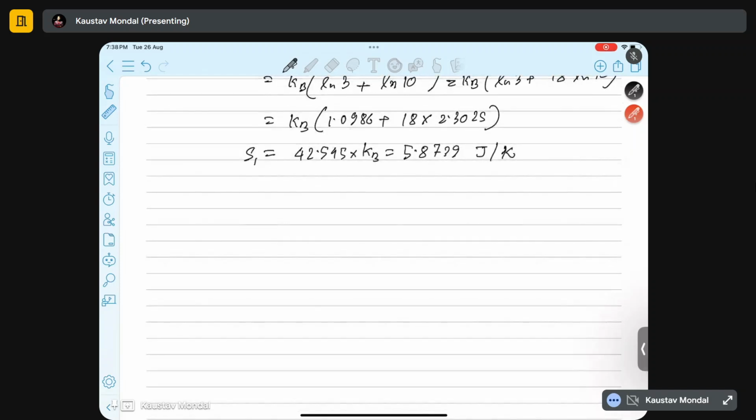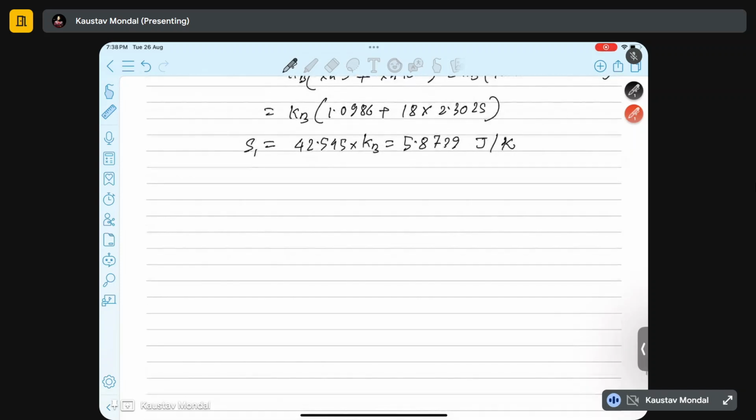Similarly, for subsystem 2 we calculate the entropy S2 equal to Kb into ln of 5 into 10 to the power 21.